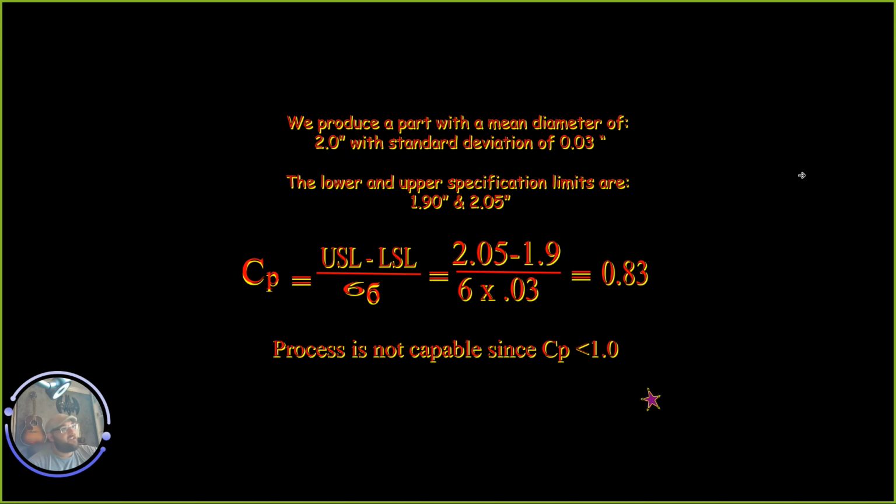I want you to help me out with this formula. Write through it and solve until you get 0.83. We produce a part with a mean diameter of 2 inches with a standard deviation of 0.03. We have lower and upper specification limits of 1.9 and 2.05.